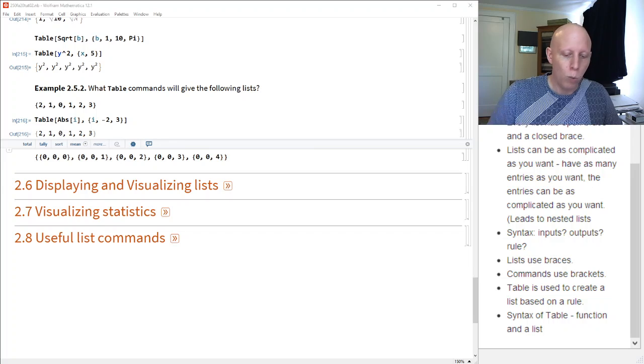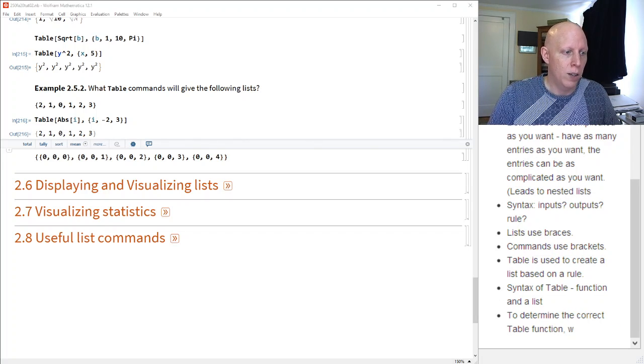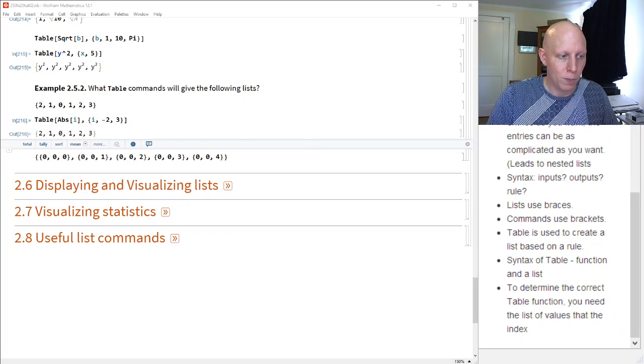So when you're creating a table function, to determine the correct one, you need the list of values that the indexing variable takes on.